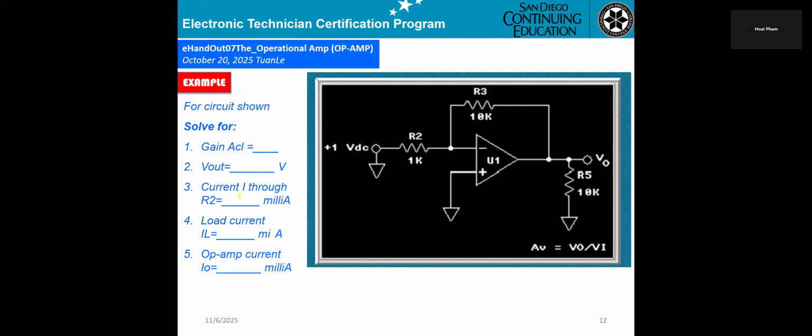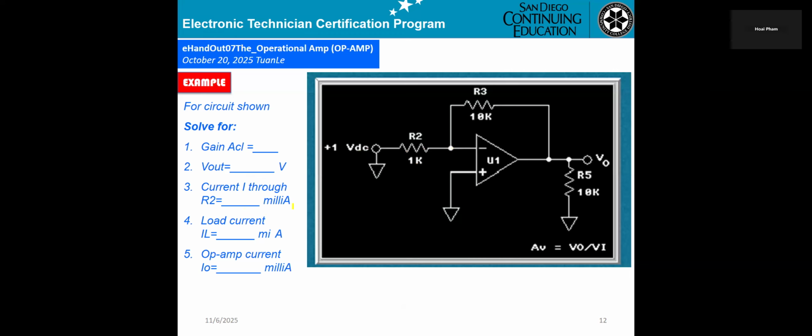And they want the current I through R2. That means the current flowing here. This side will be ground, virtual ground. This side is 1 volt. So you take Ohm's law: 1 volt divided by R2, 1K.